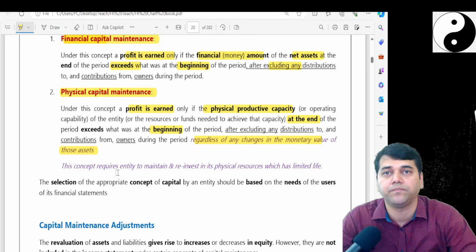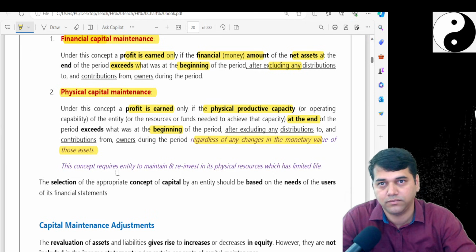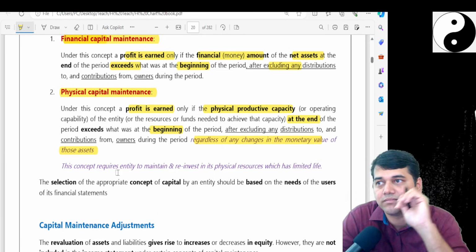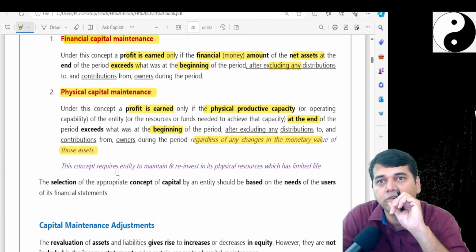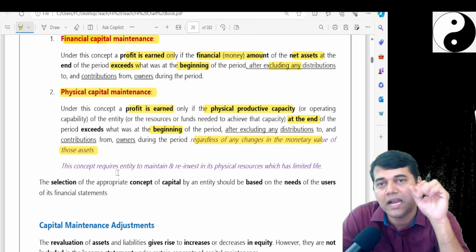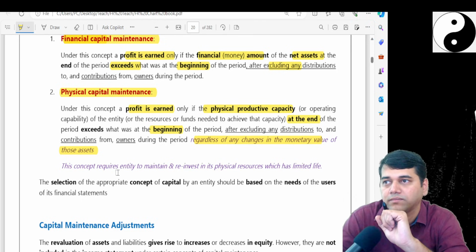For example, you have got one house, and you have given it on rent. Followed? Now you are getting that rent every year. What is the capacity of that house? To earn rent of 10,000 rupees.